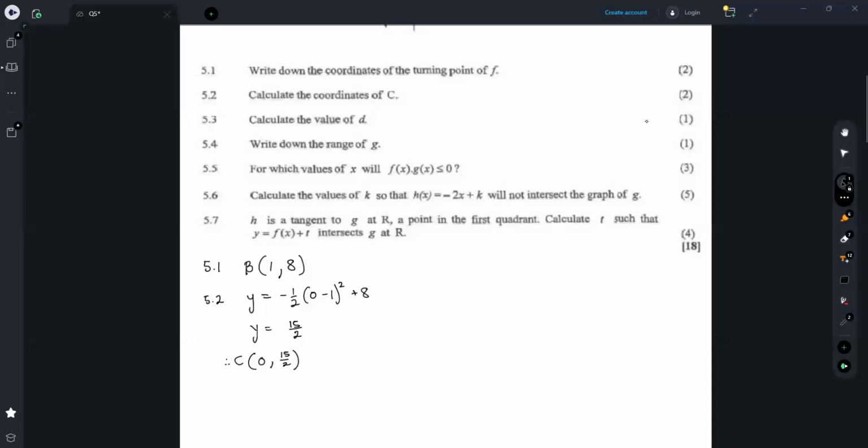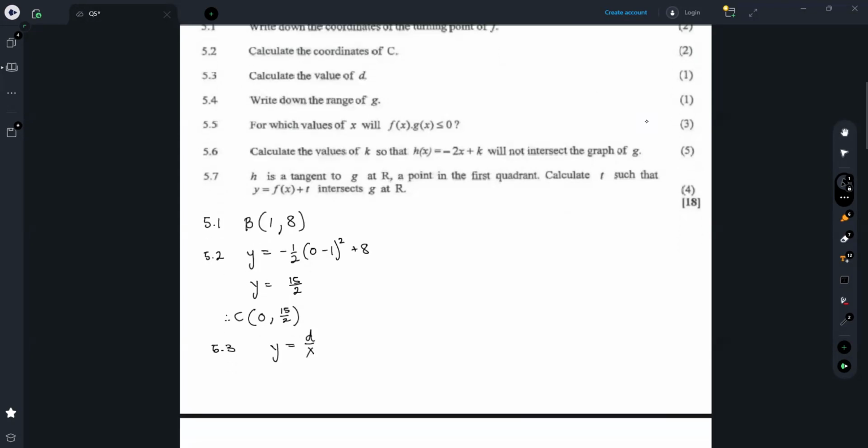Now they want us to calculate the value of D. Remember that B here is a point that lies on the graph of g. So we can use this point to solve for D. Here, remember, we had y equals D over x.